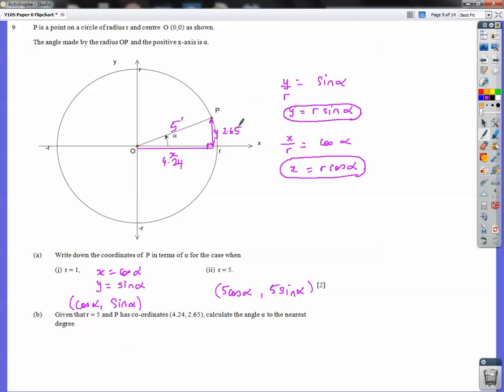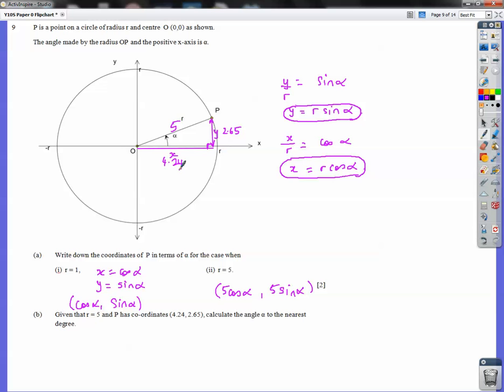And we want to work out what size angle alpha is. Now, we're a little bit spoilt for choice because we could say that cos alpha equals 4.24 over 5, or sine alpha is 2.65 over 5, or even tan alpha is 2.65 over 4.24. So we can take our pick.